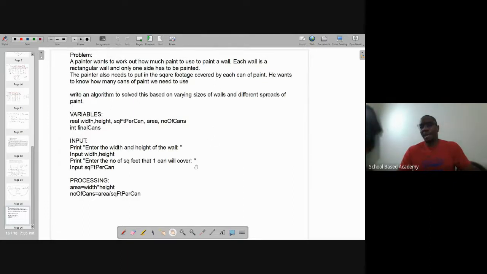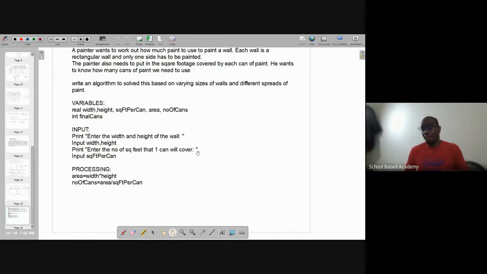But if the specification had made a statement like each can always covers 30 square feet of wall, then yes, it would be fine to create a constant called square foot per can and set that value at 30.